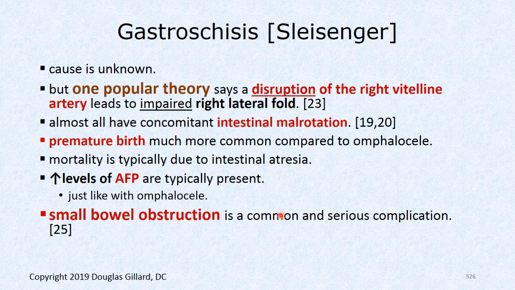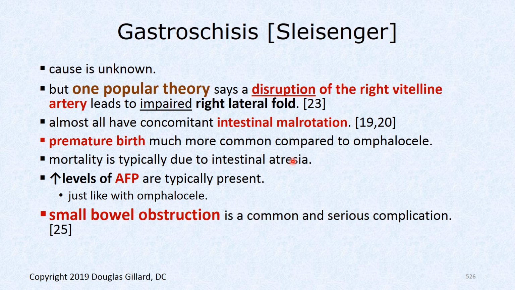The cause of this one is really unknown as well, but a popular theory is that the artery that supplies the right lateral fold gets screwed up. In fact, it withers away prematurely, and the undernutrition to the right lateral fold stunts its growth, and therefore it doesn't have the growing power to completely seal off the anterior abdominal cavity.